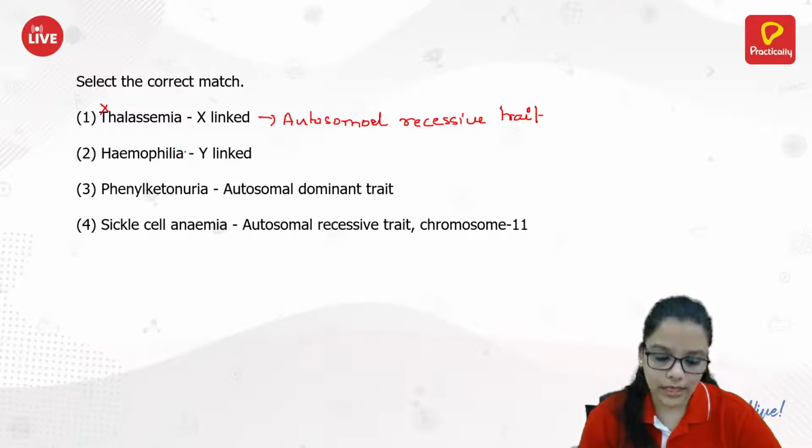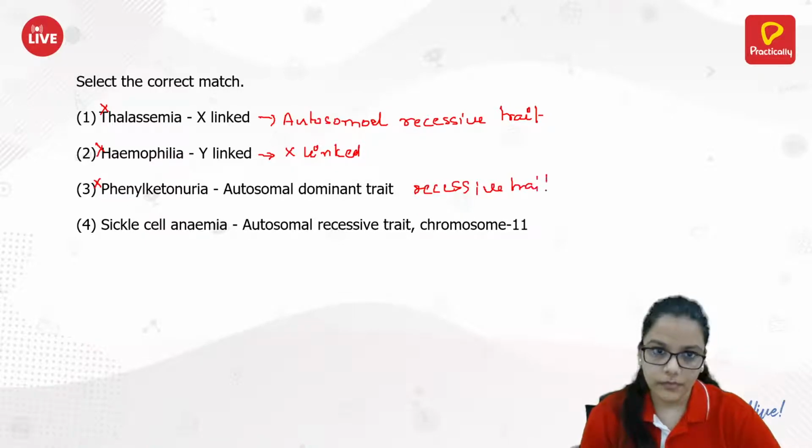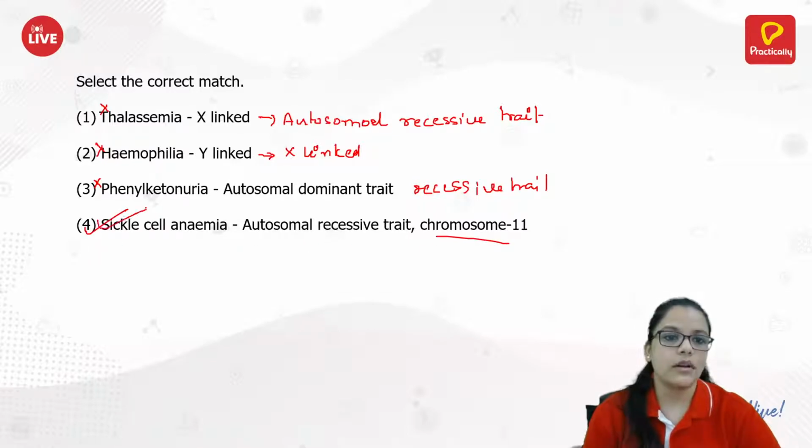Hemophilia is Y-linked. Actually, hemophilia is X-linked. So this is also wrong. Phenylketonuria is autosomal dominant trait. That is also wrong because it is a recessive trait. So the answer is sickle cell anemia, which is an autosomal recessive trait on the chromosome 11. Okay, so this is the answer.